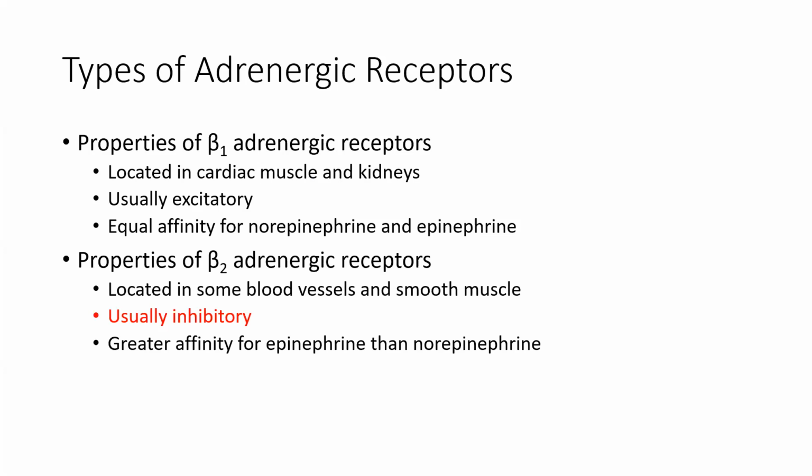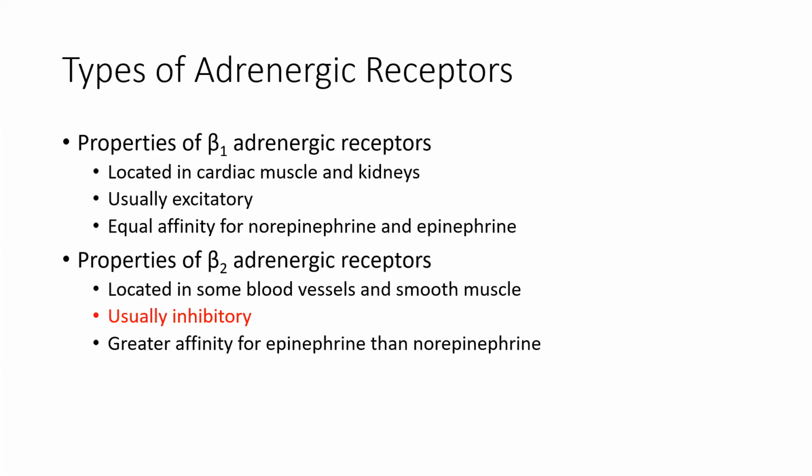As far as beta 2 receptors, usually on blood vessels, beta 2 is also in the lungs. Although it's not listed here, you can put that in your notes. So beta 2 is usually on lungs, as well as some of the smooth muscle in our blood vessels, usually an inhibitory effect on the tissue. And so for example, in the lungs, we see that this causes bronchodilation, and that's considered an inhibitory response, whereas constriction is going to be an excitatory effect on the tissue.